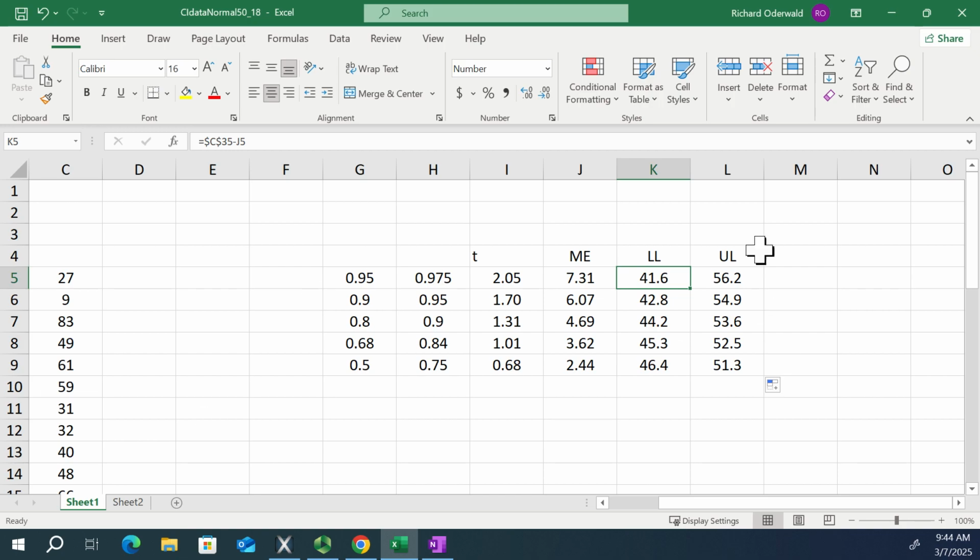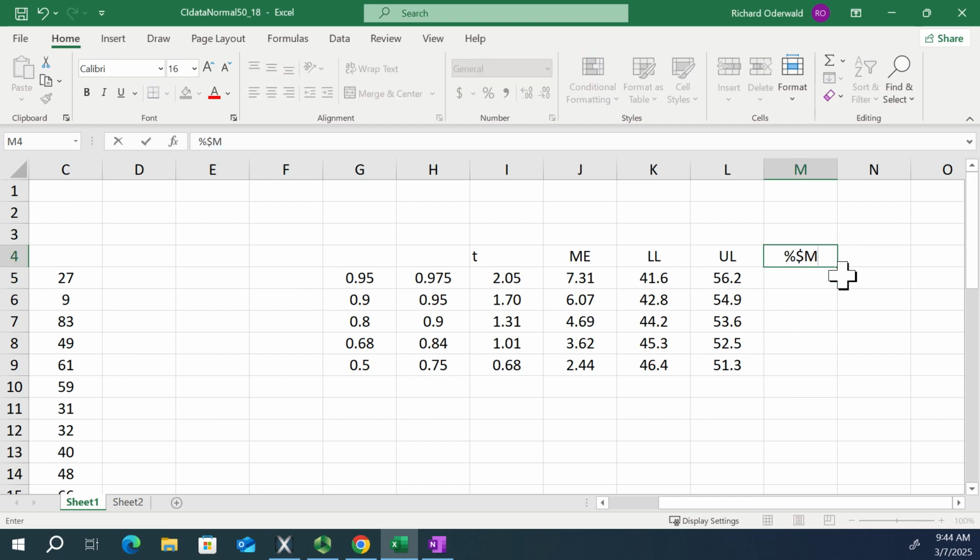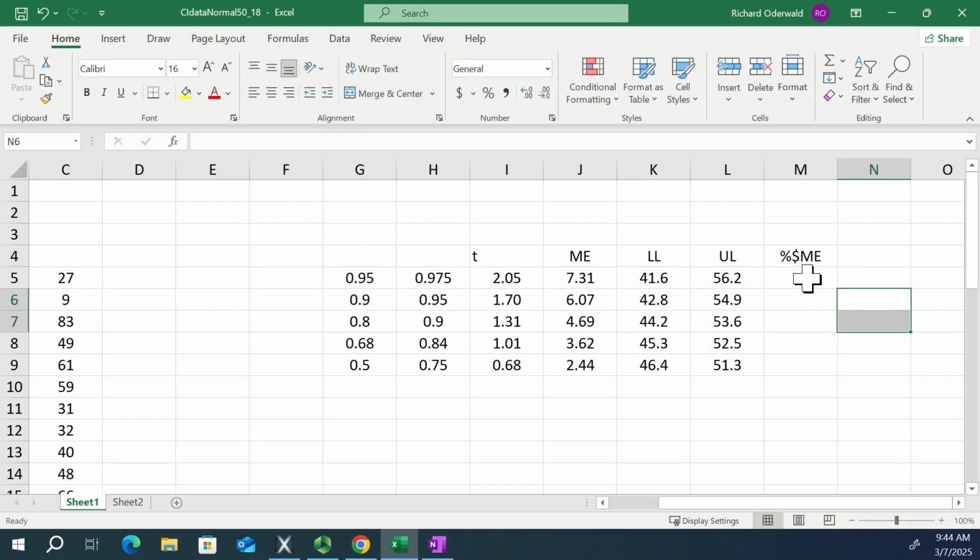What they do use is a percent margin of error. This is why the margin of error itself is important. For each of these, I want to take the margin of error and divide it by the average.